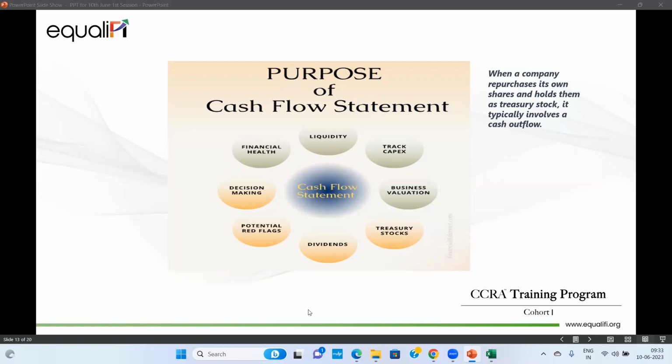Even the PL account gives you an idea. Okay, Anand, I didn't know this. Thank you. Yes, PL is on accrual basis. Cash flow is real cash outflow.